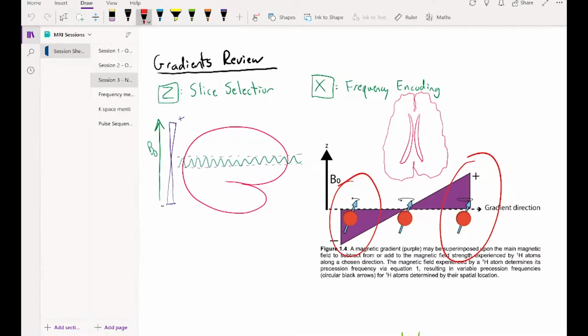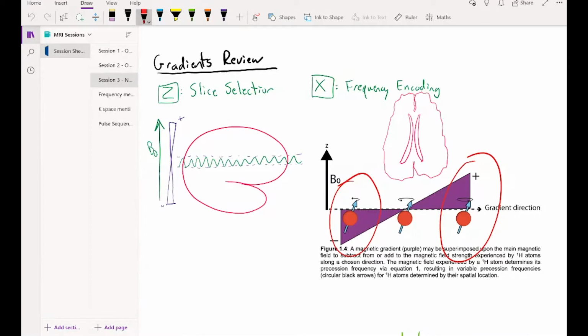When we apply our B1 field, we can tip the net magnetization from that slice only, thanks to the resonance condition that's required for MRI to function. You need to apply that B1 field at the same frequency as the precessional rate of hydrogen atoms in order to actually exchange energy and tip the net magnetization. So that's slice selection again.